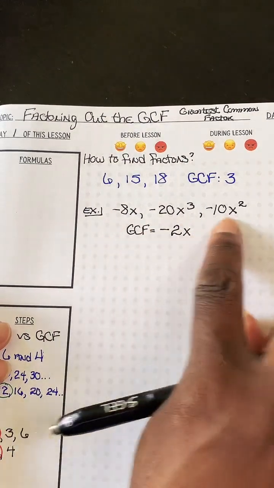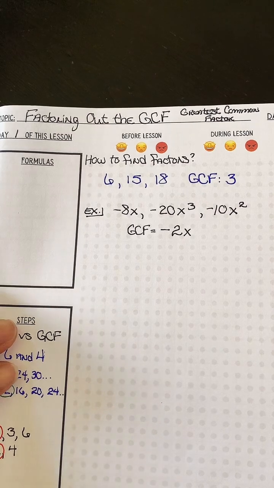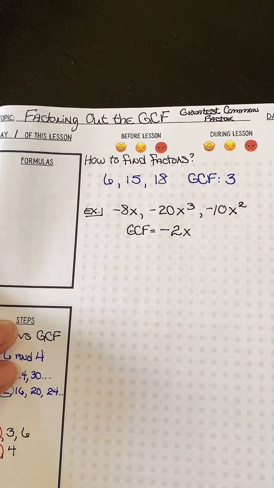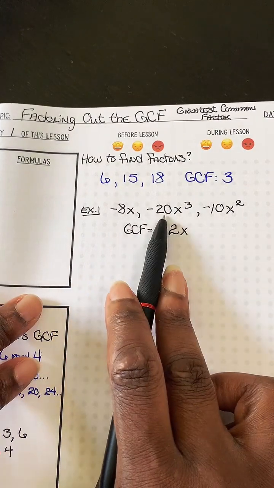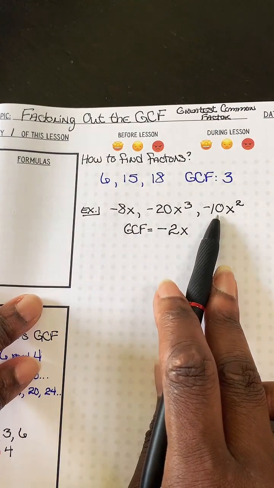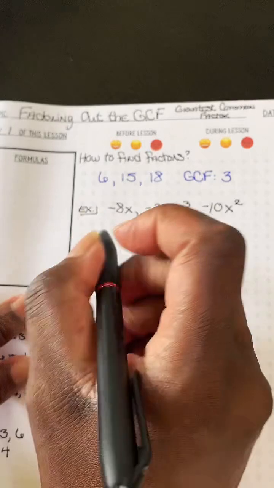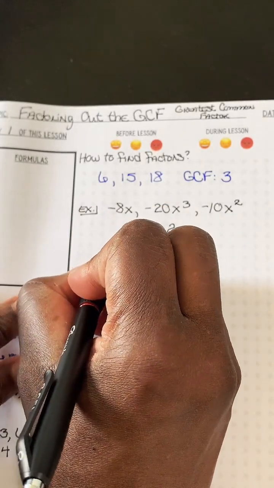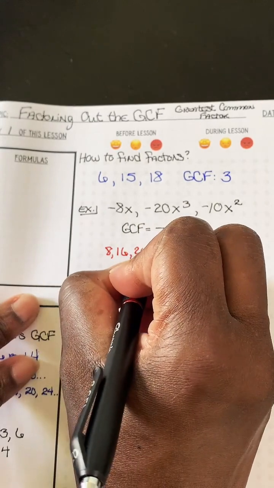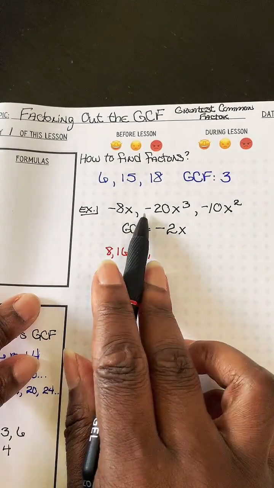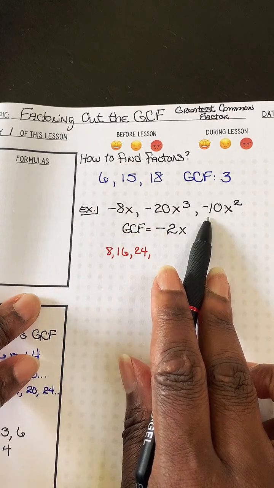Well, if we do this example, if I was looking for the least common multiple, okay, that means I'm looking at the 8 times table, the 20 times table, and the 10 times table, okay? So if you want, you can do your 8 times table, which will give you your 8, your 16, your 24, because you already know the number is going to be negative because all of them are negative, okay?